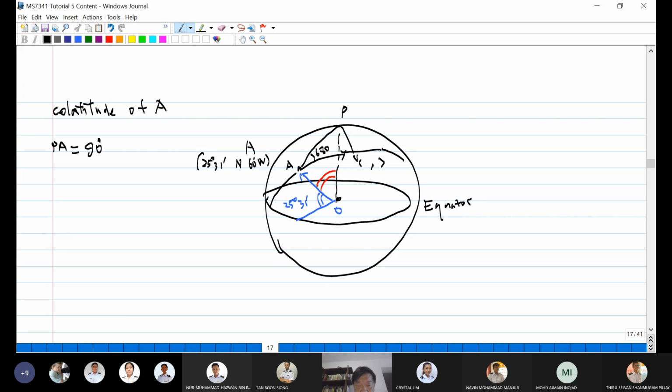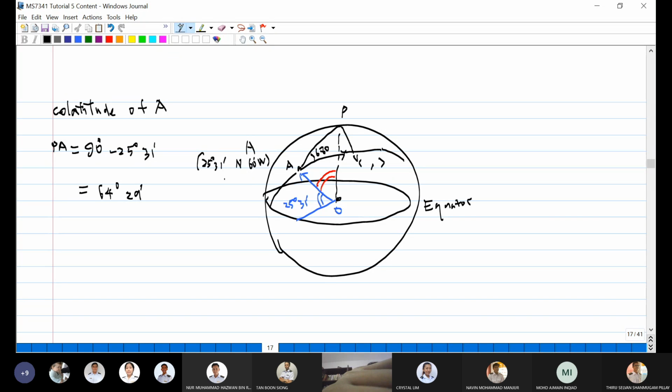Equator is 0 degree. So this is 90 minus 25 degree 31 minutes here. So you can subtract there. So 90 degree, you get 64 degree 29 minutes. So this thing is called the co-latitude of point A here, and this distance is 64 degree 29 minutes.